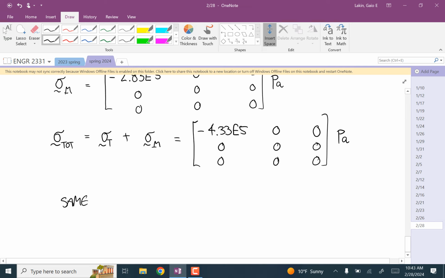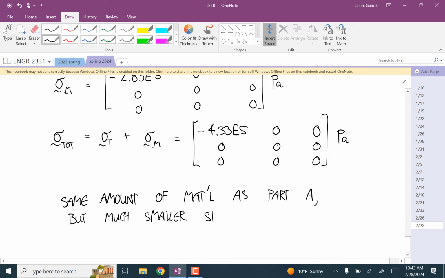So this is the same amount of material as in part A, but it's a much smaller stress because of the more efficient cross-section.